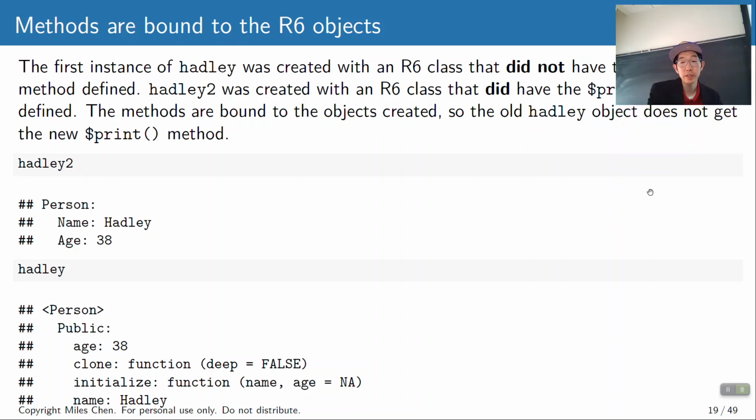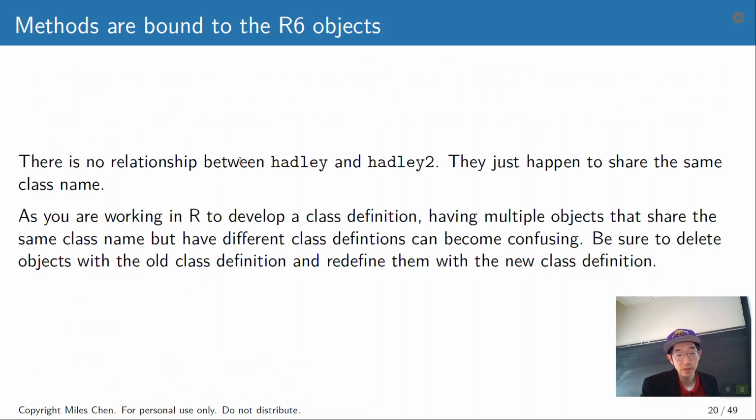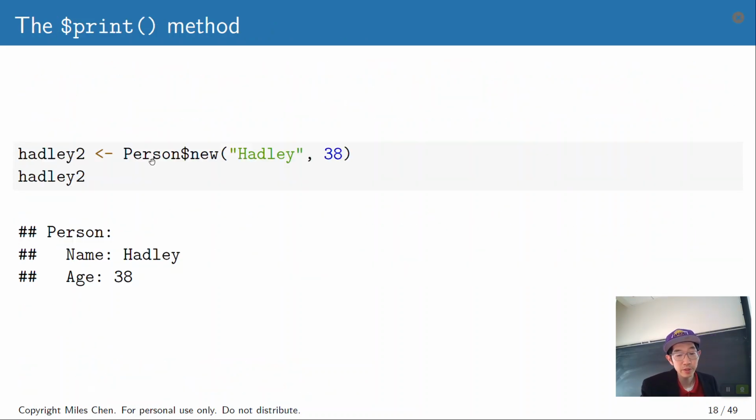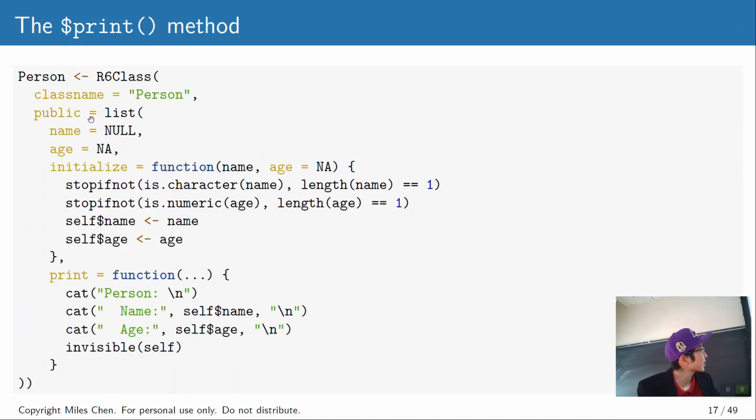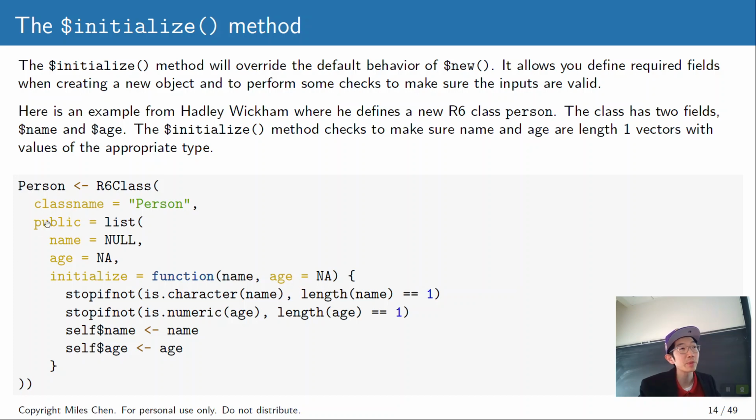Now, again, the methods themselves are bound to the objects. Here we've defined a person class object, and earlier back here we defined a person class object. So these person definitions, what it means to be a person, got updated.